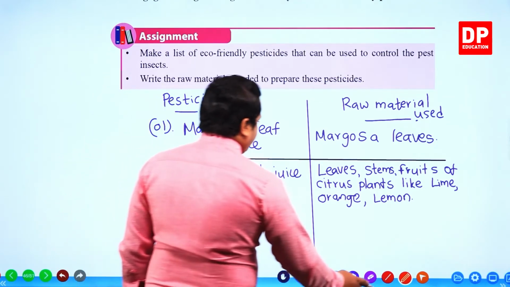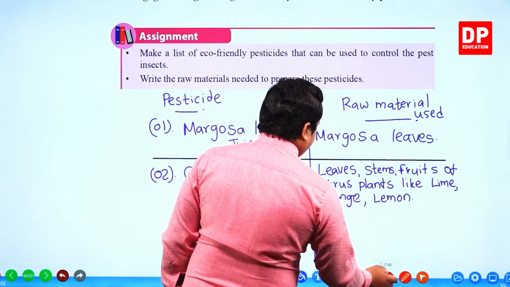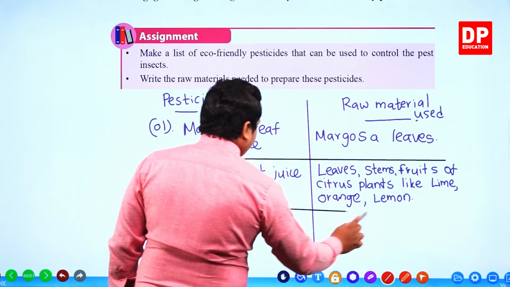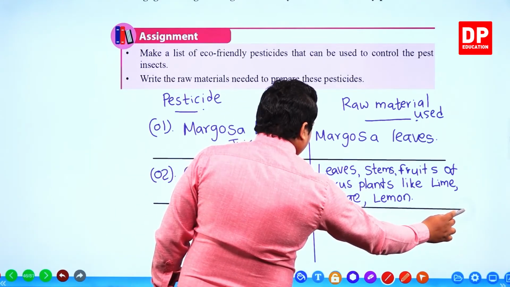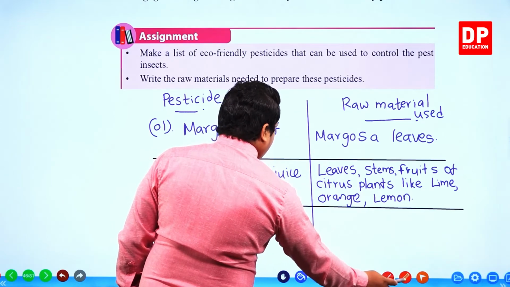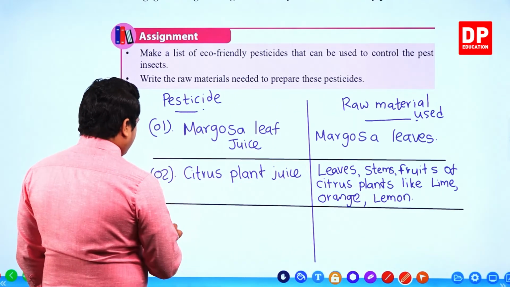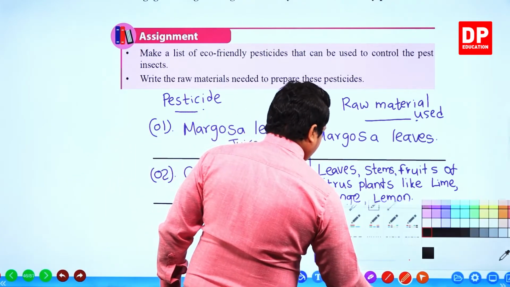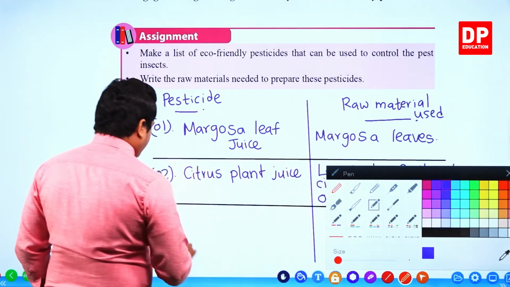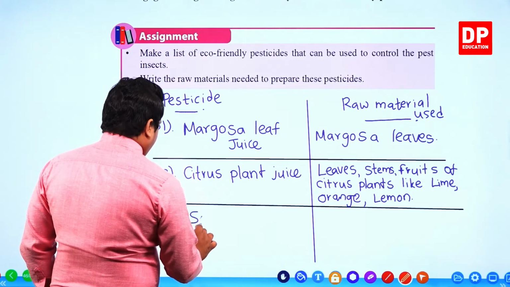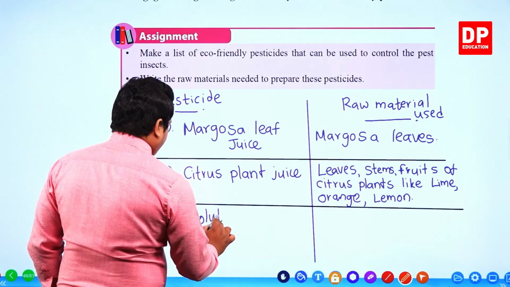Then the next one. Right. Number 3. Solution of ash.